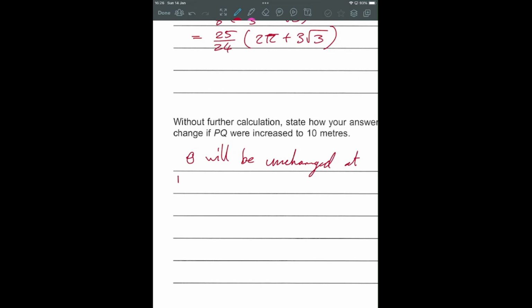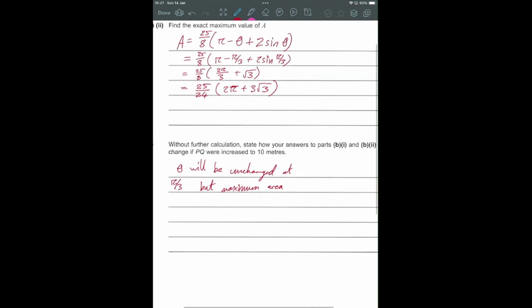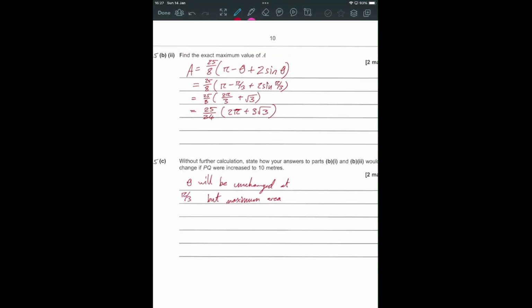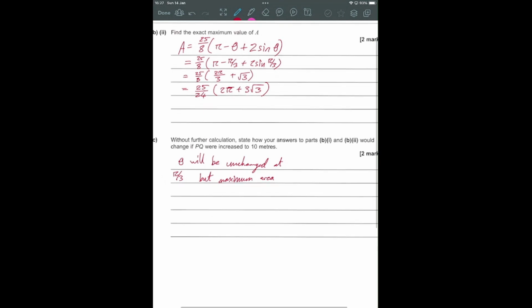at pi by 3, but the maximum area, let's double check that is what it's asking, without further calculations, to BI and BII. BII was to find the maximum area, but the maximum area of A will be 4 times larger.